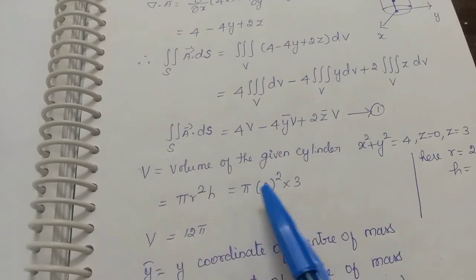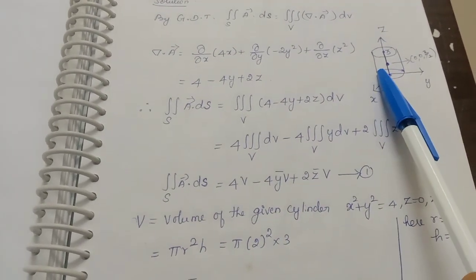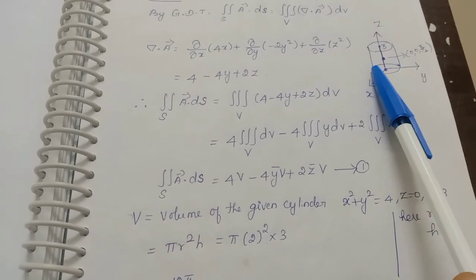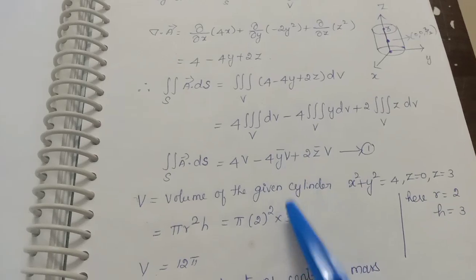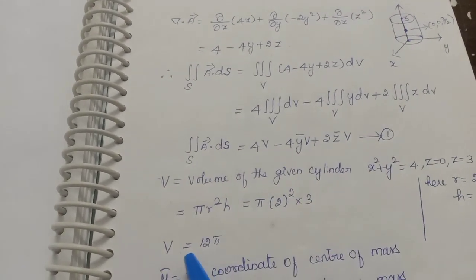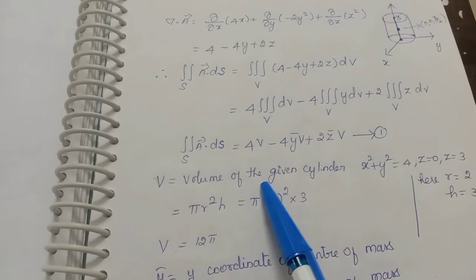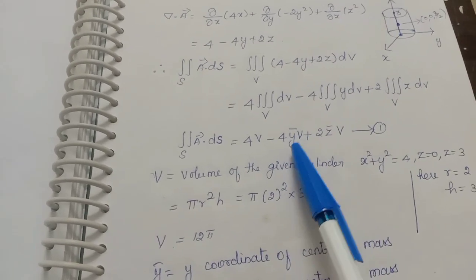So pi into 2 square into h, the height of the cylinder. Already I told you the cylinder starts from z equal to 0 and extends up to z equal to 3. So the height is 3. So this value is 4 3s are 12 pi. So the volume of the given cylinder is 12 pi, that we can substitute it here. Next one is we want to find the center of mass.